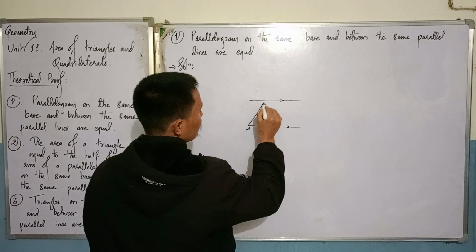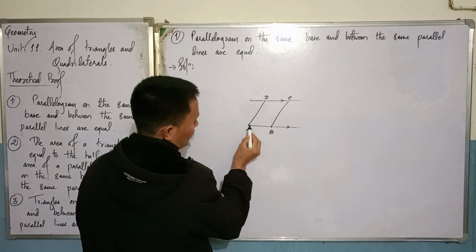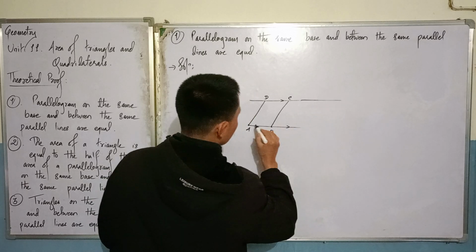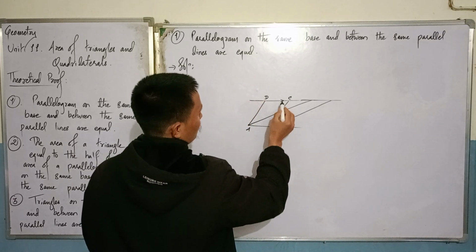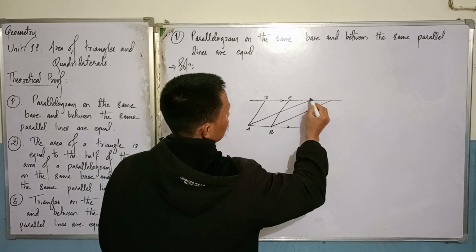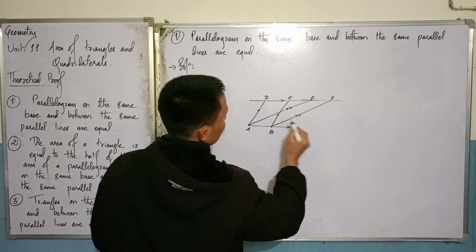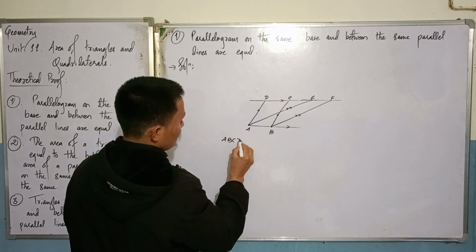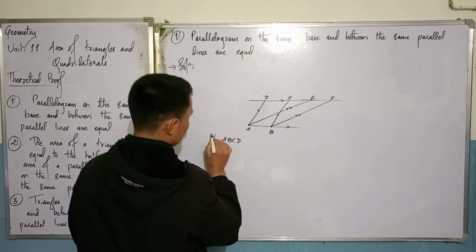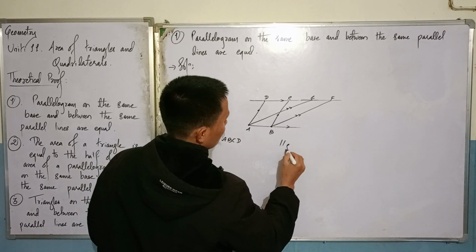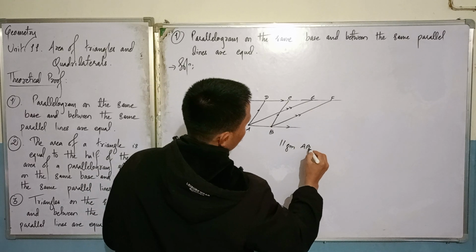On AB there is standing one parallelogram, ABCD, and on the same base, consider another parallelogram ABFE. So there are two parallelograms, ABCD and ABFE.